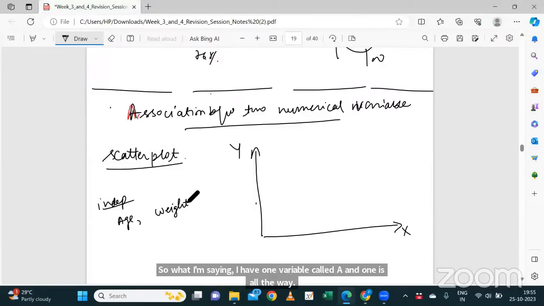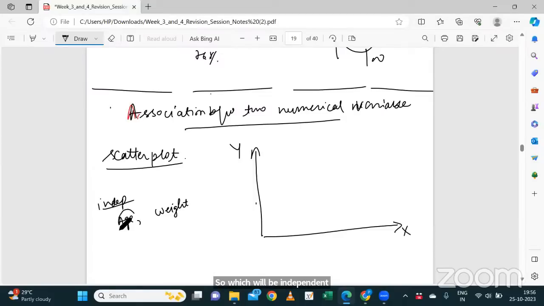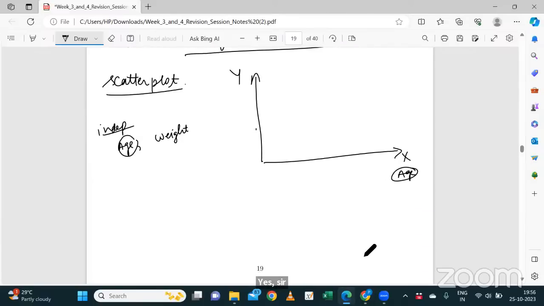Which will be independent? Age. Weight can depend on age. Age is increasing, weight is also increasing or decreasing. So on the x-axis we normally plot the independent variable, and y is the response or dependent variable.